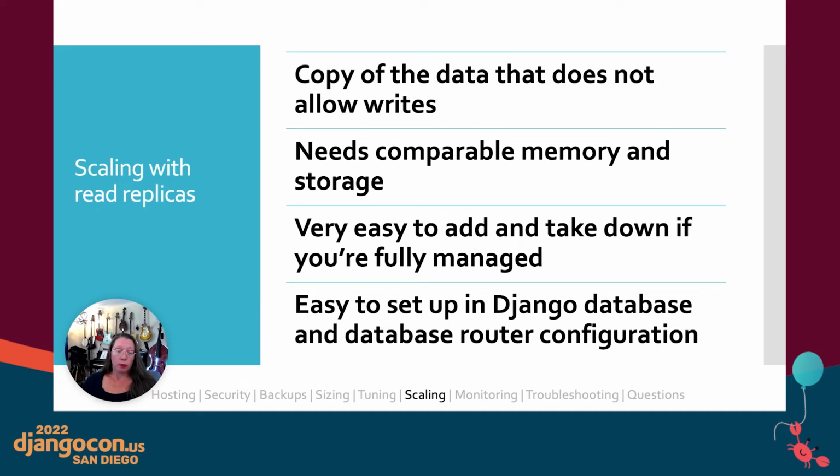So basically, you're going to be separating out and allowing some of your ORM to connect reads to a read replica. This is super easy to set up in the database router configs in the Django ORM. So you can just add a replica machine in there.